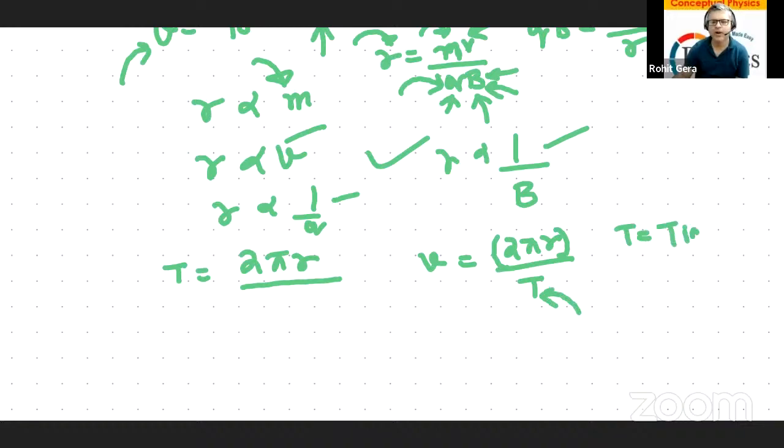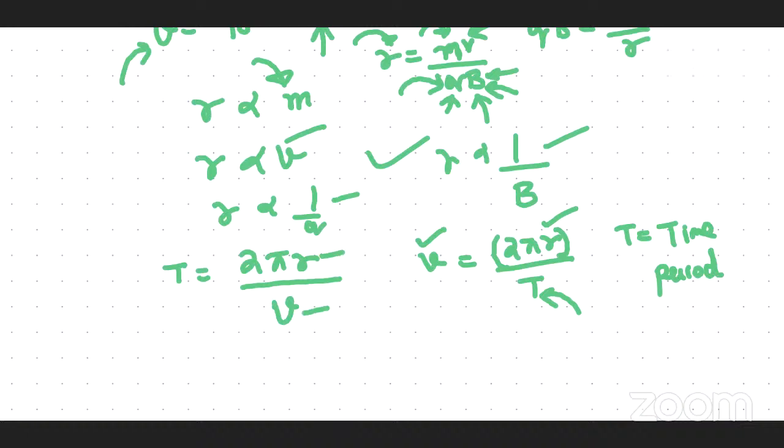The time required to cover one full circle. Now we found the radius. We already know the velocity. We are saying let's find out the time period. How much time will this charge take to complete one full circle, revolution? You already know the velocity, you found the radius. Put the values, you will get the answer in seconds.